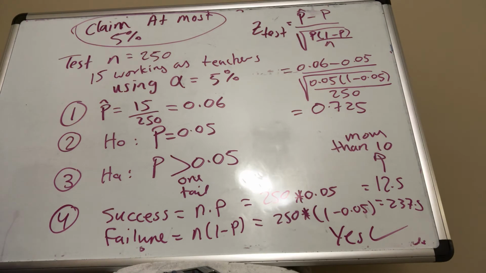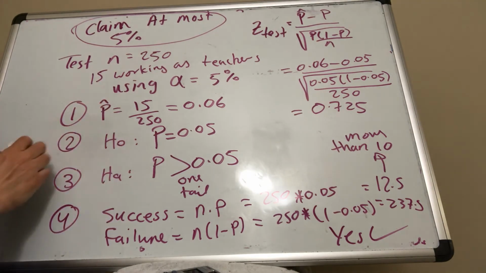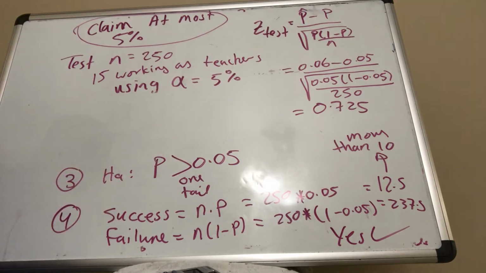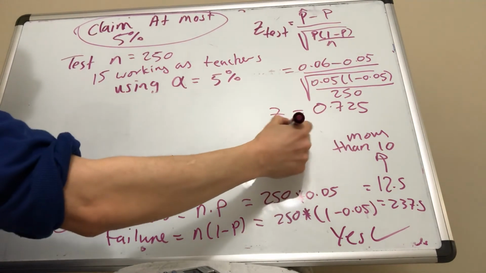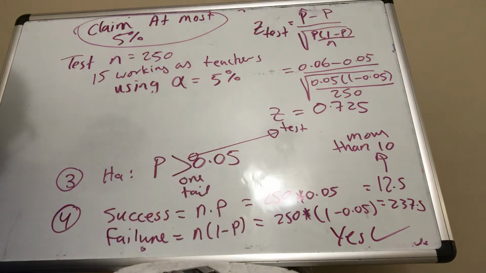What's the p-value in this question? Now, the idea of how to find the p-value for a z-test: since you're testing more, remember probability when z is more, 1 minus table, same idea.